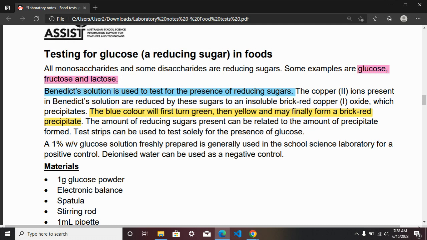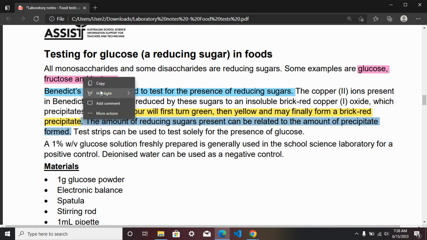The amount of reducing sugar can be related to the amount of precipitate formed. You understand? If the precipitate is very much, it means the reducing sugar is also in high concentration in the solution that you are testing. Test strips can also be used to test for the presence of glucose.